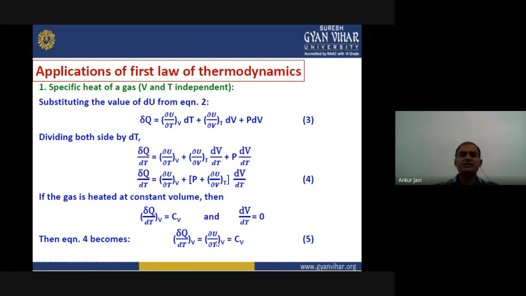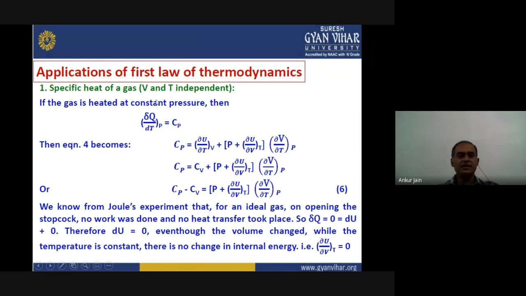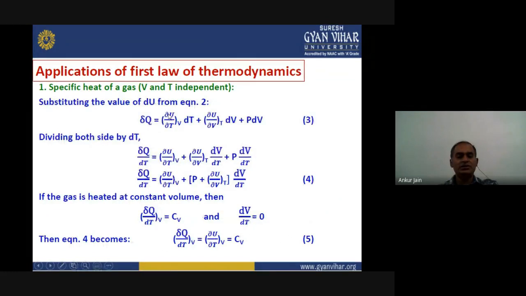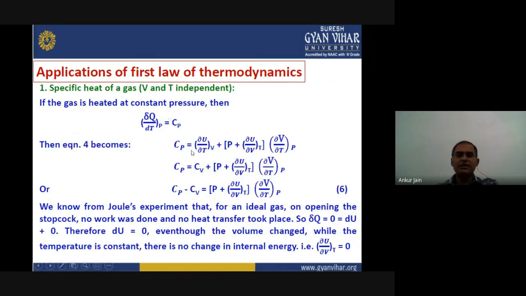Now we consider the second condition. If the gas is heated at constant pressure, from the definition of specific heat of gas at constant pressure, we can write Cp equals del Q upon dT at constant pressure. Now putting this value and the last value in equation 4, it will become Cp equals del U upon del T at constant volume plus P plus del U upon del V at constant temperature into del V upon del T at constant P. Now we are changing this value to Cv plus this value as it is.